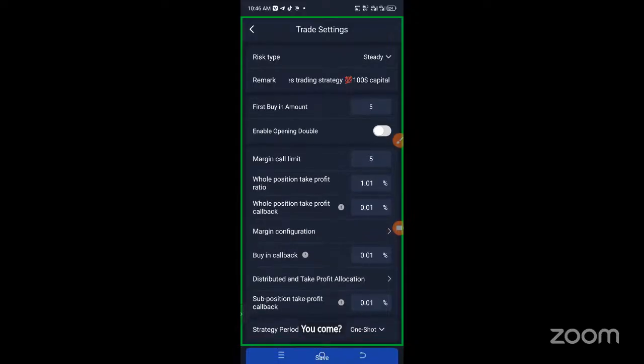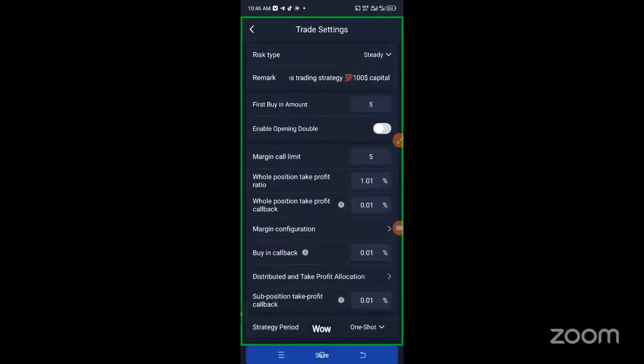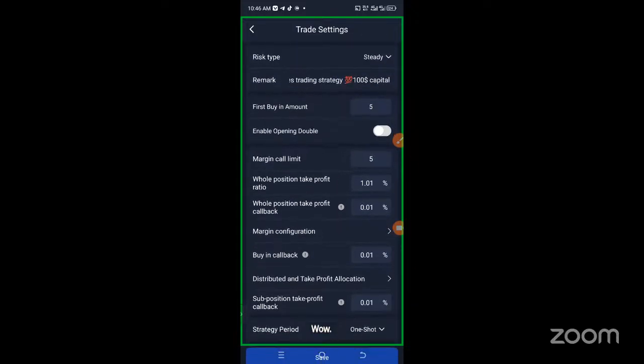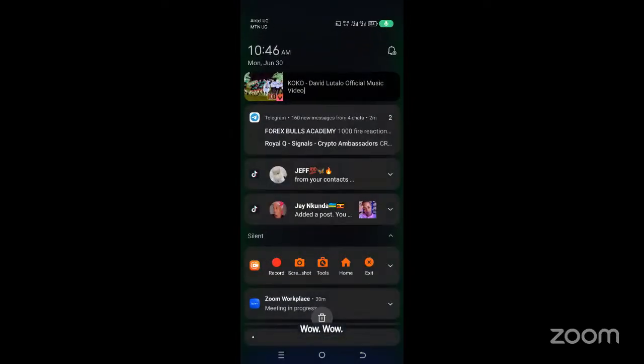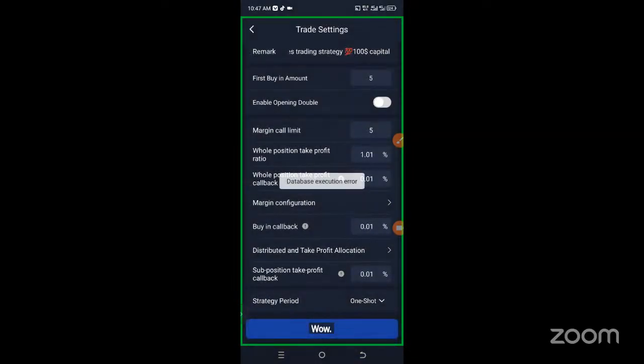What is this? Database execution error. Wow. Do I have to go back?